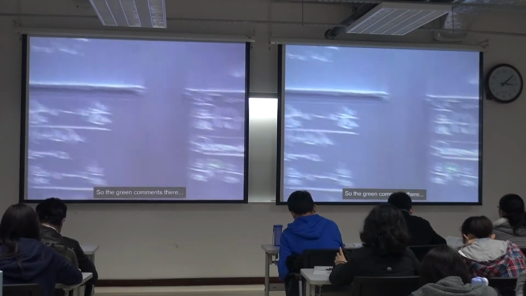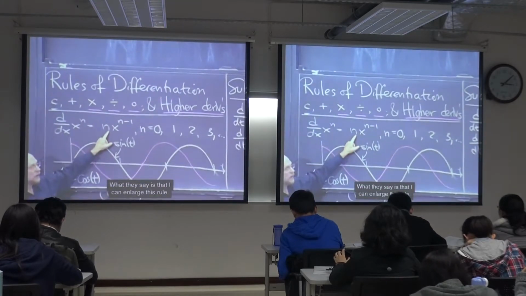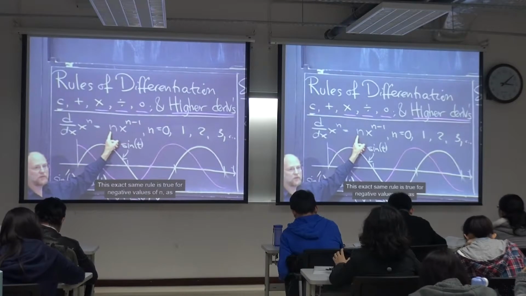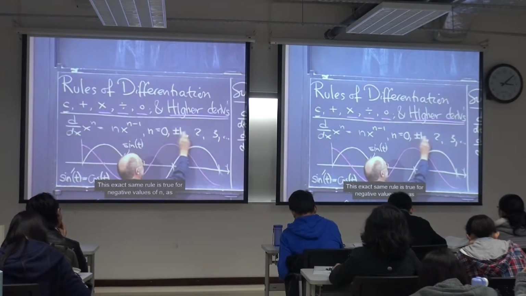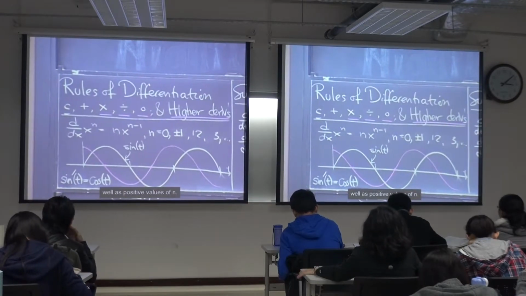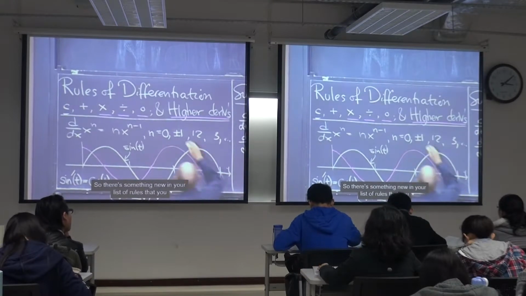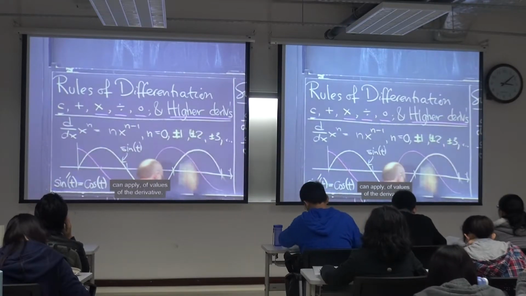So the green comments there say that I can enlarge this rule. This exact same rule is true for negative values of n as well as positive values of n. So there's something new in the list of rules that you can apply, of values of derivative.